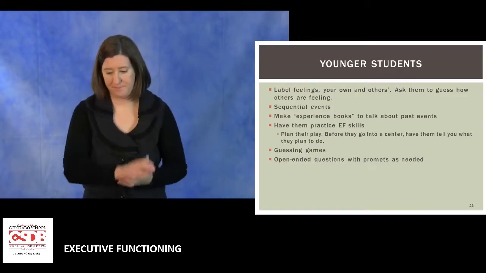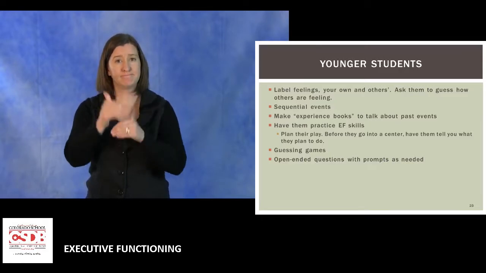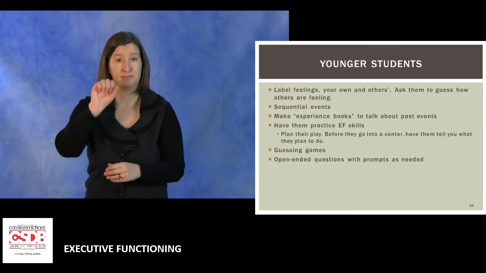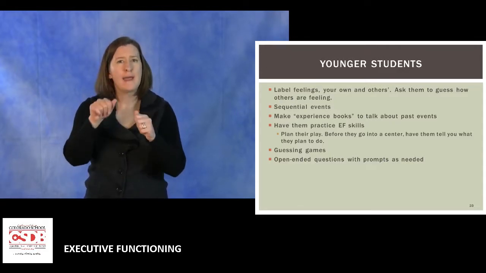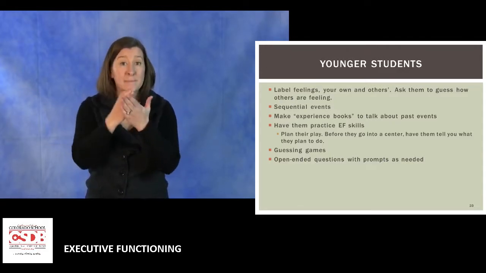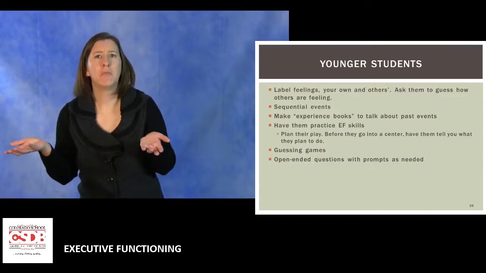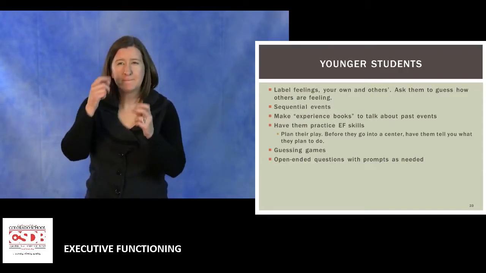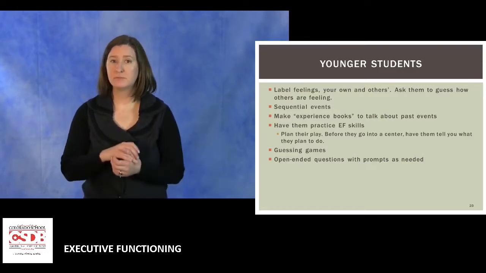They can see the student and try and figure that out. That helps with sequential activities. You can show pictures of a sequence and ask them what happens next. See if they can figure out from the pictures.